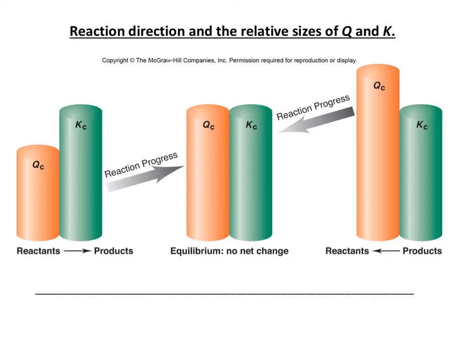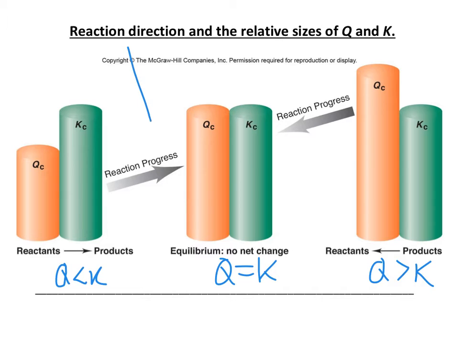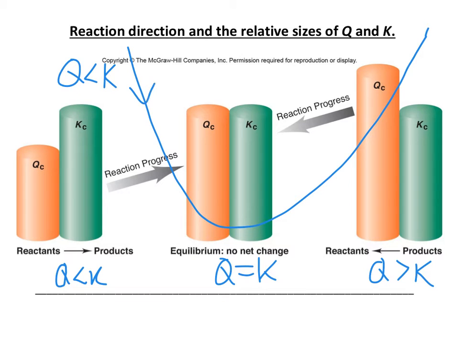This is just another picture that's showing the same thing. So this is Q is less than K, Q equals K, Q is greater than K, and that's kind of why if you draw this picture that I had before, Q is less than K, and you hit the bottom, that's equilibrium.